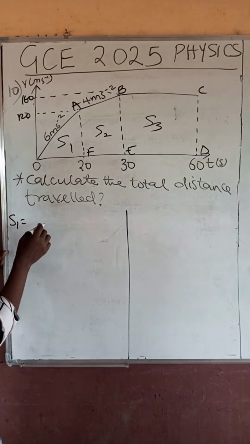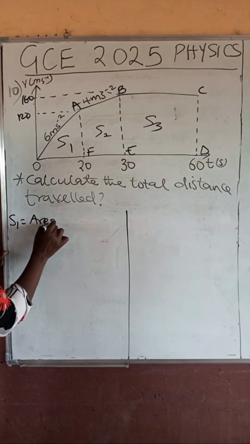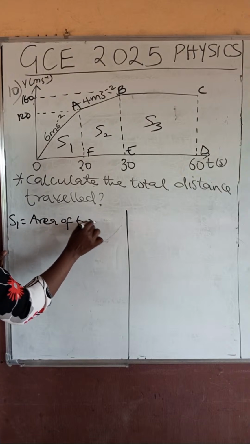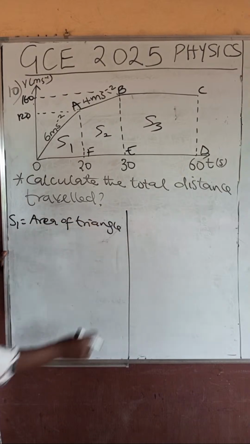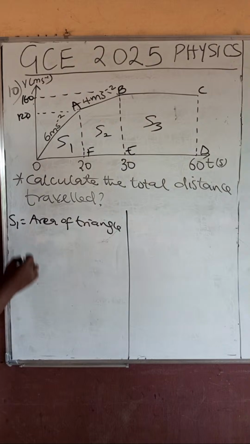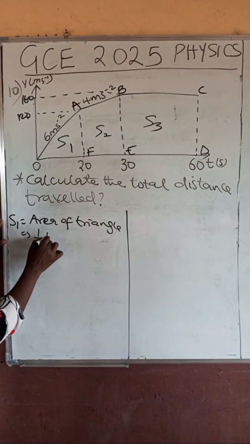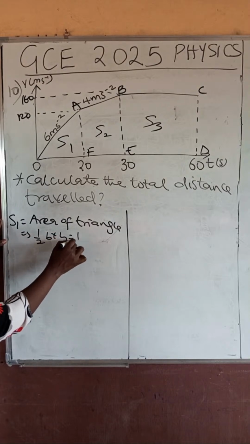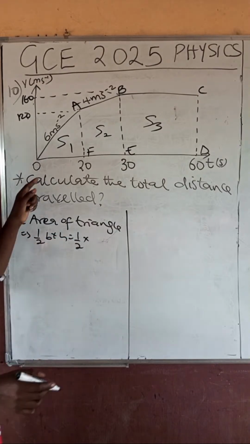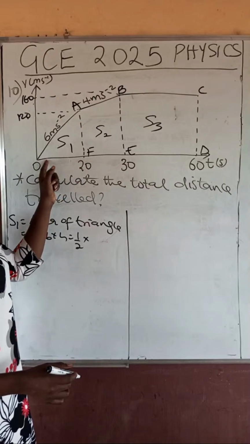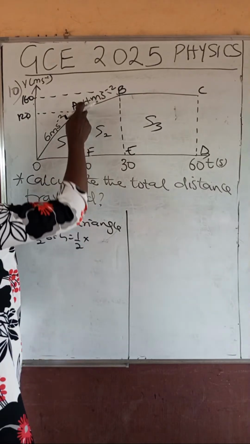So my x1 is the area of a triangle, right? Which is half base times height. What is my base?